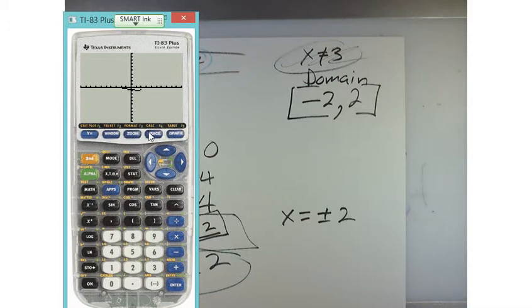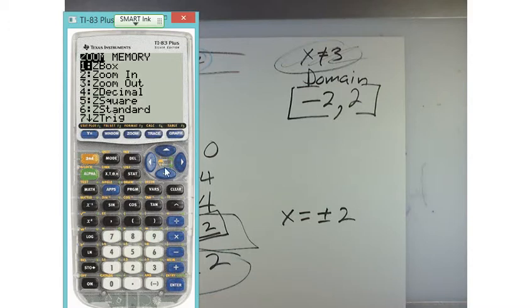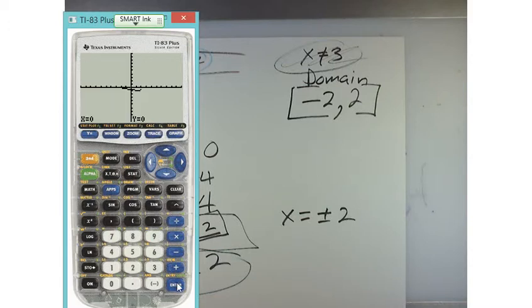Now if we zoom in on this, what you'll find is that the function only graphs from negative 2 to positive 2 in the x direction. Does that make sense?